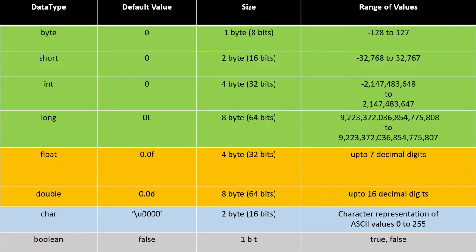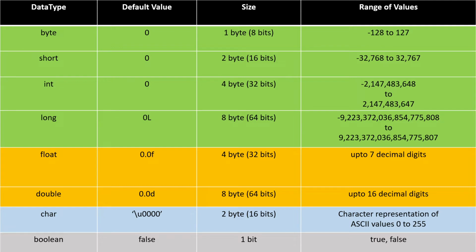Then we have integer, which takes 4 bytes of memory, that is equal to 32 bits, and which has quite a long range, that is minus 2147483648 to plus 2147483647. Then we have long, which takes 8 bytes of memory, which is nothing but 64 bits, and which has a very long range, from about minus 9 quintillion to plus 9 quintillion. Don't try to remember these values for integer and long, no need to worry about that. Just remember that to store a value, you need to take the correct data type.